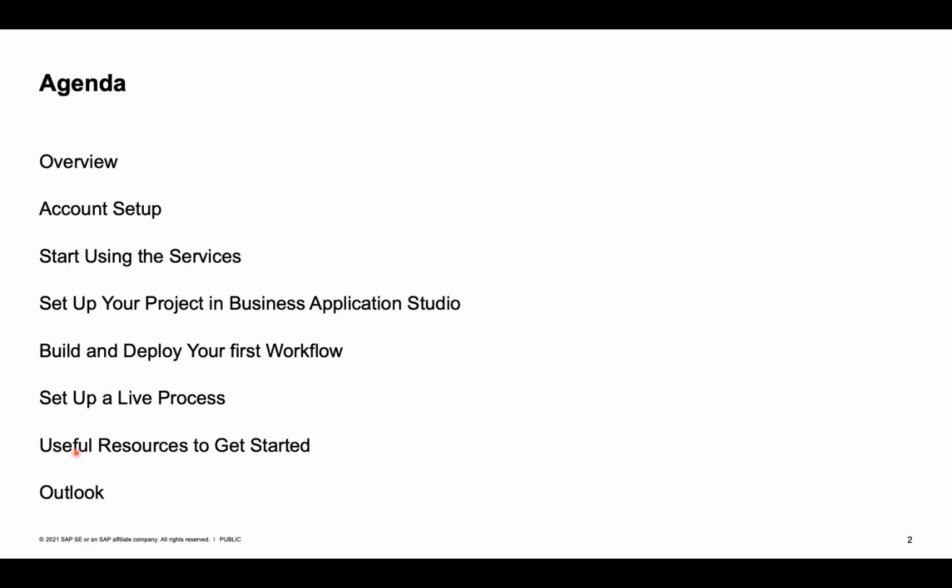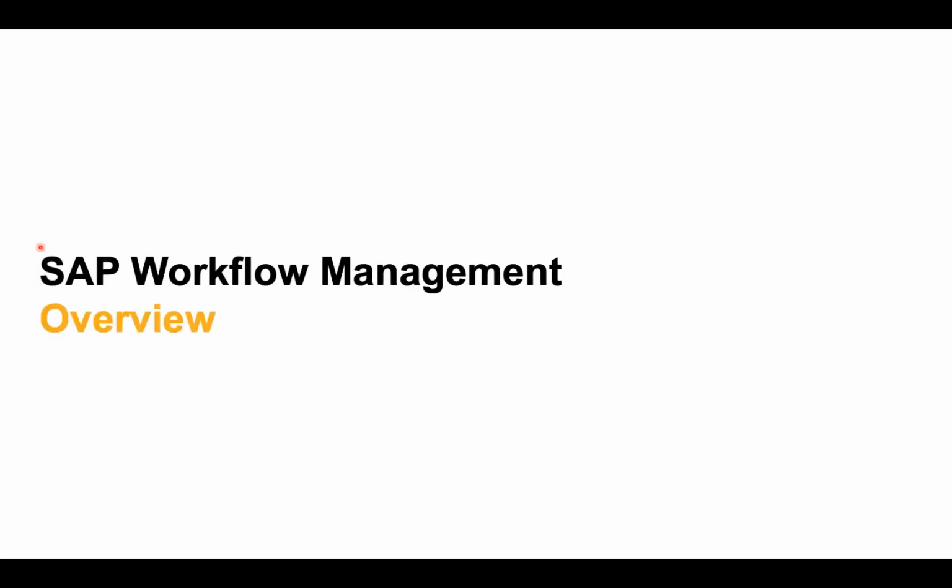Then I will show you some useful resources to get started, some tutorials and stuff like that. And in the end, we have a quick outlook on what's to come in this workflow management area. I will do a mix of slides and also demos where I will show stuff. And in the end, I will show you where you can get started yourself with hands-on.